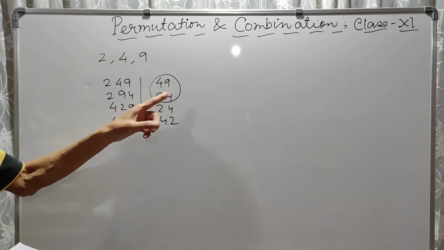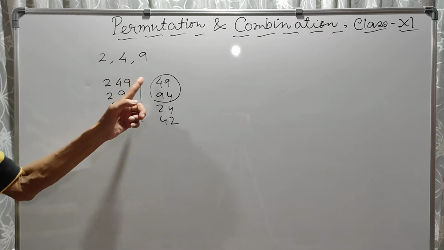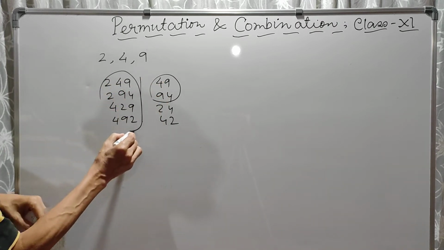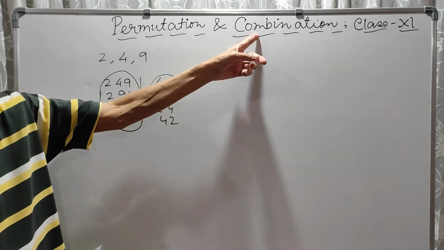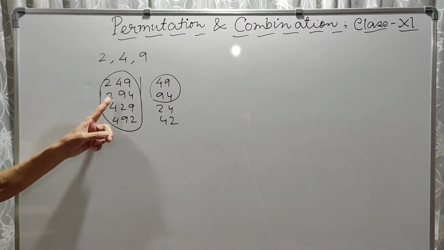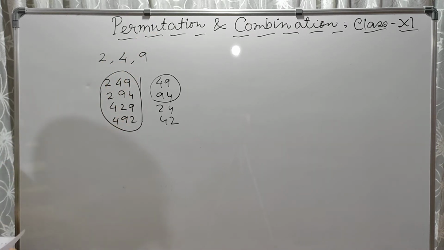These are two different arrangements. But in combination, these two will be the same, because 4 is present, 9 is present. When you discuss combination, all these are the same, because everywhere 249 is present. But in permutation, all these 4 are different, because the order is important. Right?